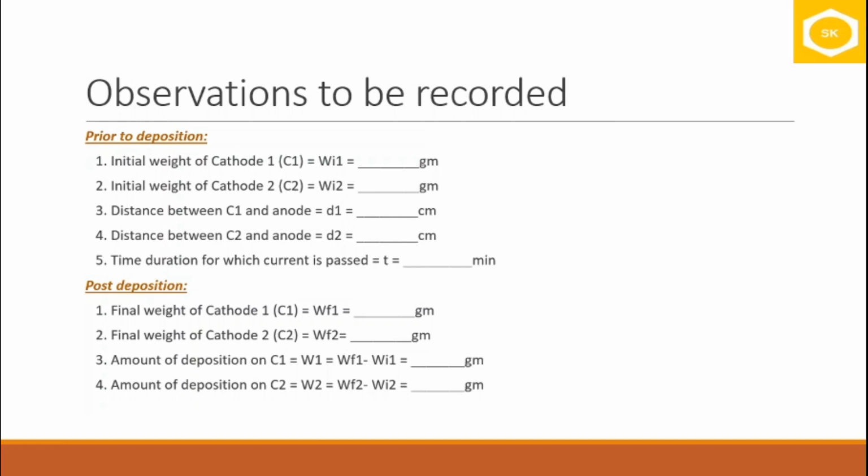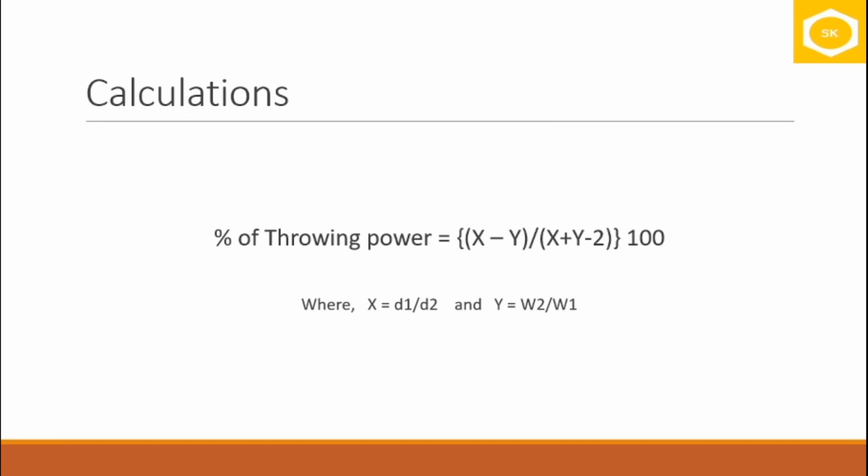Now, once you have these values, you will go for calculation, which can be done using this simple equation, where percentage of throwing power is equal to (X minus Y) divided by (X plus Y minus 2) into 100, where X is equal to d1 by d2, where d1 is the distance between anode and cathode 1, d2 is the distance between anode and cathode 2, and Y is equal to W2 divided by W1.